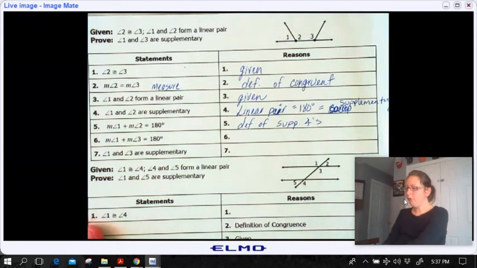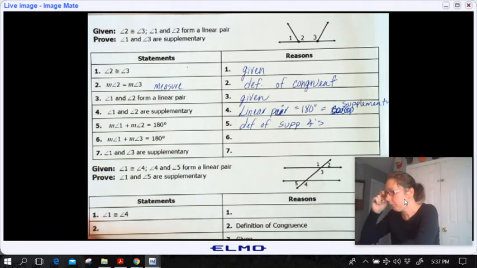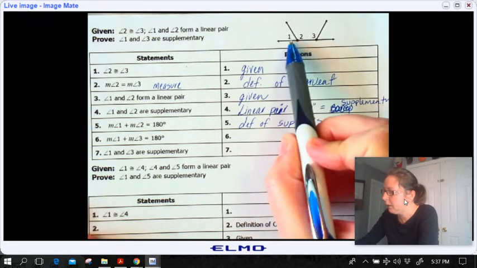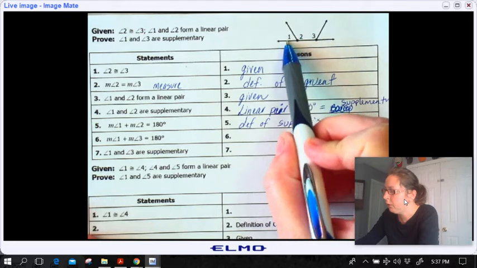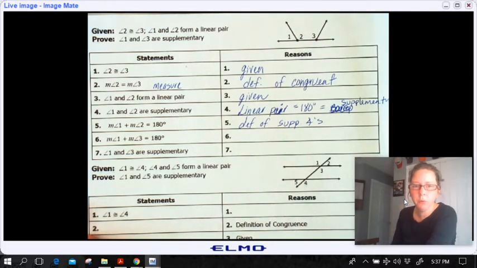All right, the measure of angle 1 plus the measure of angle 3 is also going to equal 180 degrees. So if 2 is congruent to 3, and I can say 1 and 2 equal 180, then 1 and 3 must also equal 180.